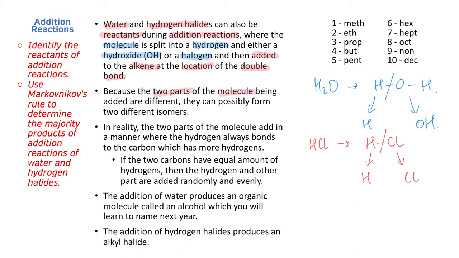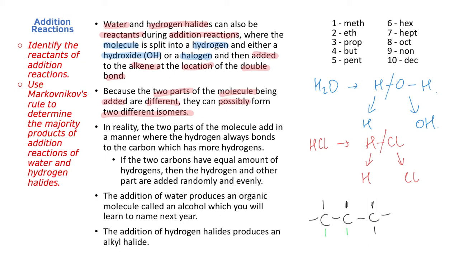Because the two parts of the molecule being added are different, they can possibly form two different isomers. Let's have a think about what happens here. Let's add this to a propene. Adding to an alkene, you break the double bond and turn it into a single bond, and then you have two new bonds that can be formed across those two carbons.